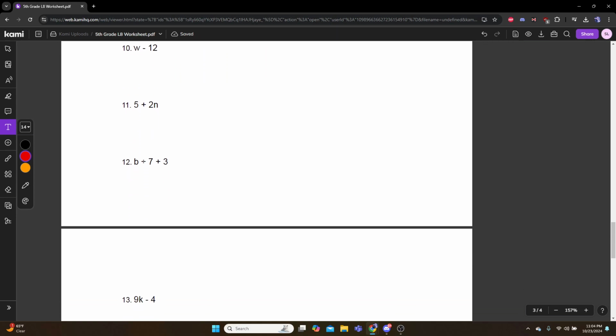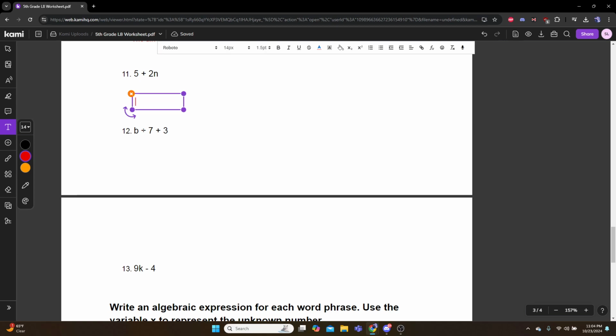Number 10, w minus 12, the difference of a number and 12. 5 plus 2n, the sum of 5 and 2 times n, the product of 2 and the number.